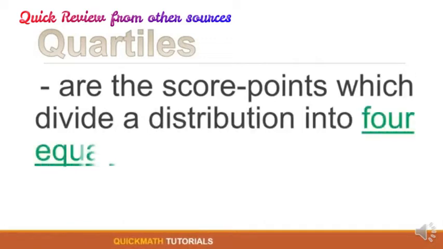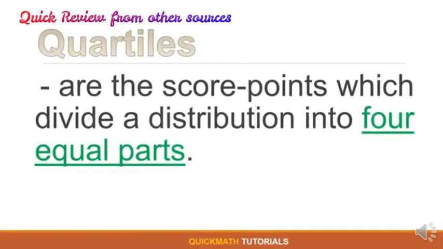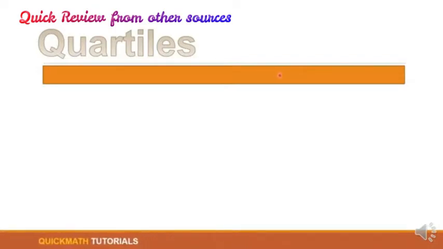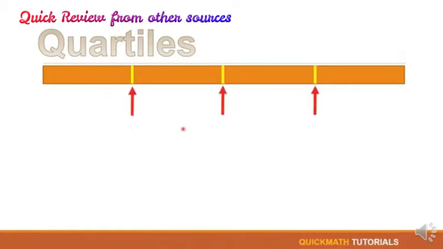Quartiles are the score points which divide a distribution into 4 equal parts. Suppose these are the score points. If you want to divide this distribution into 4 equal parts, we will divide it by 3. So we have 1, 2, 3, and that gives us 1, 2, 3, 4 equal parts.